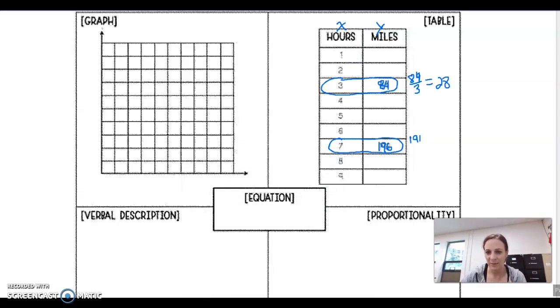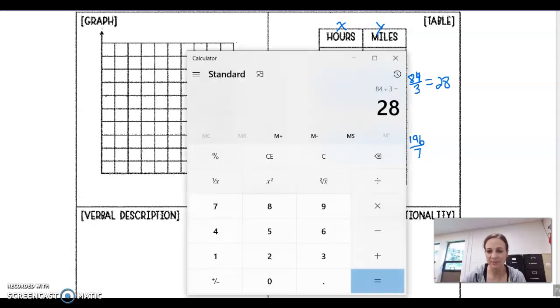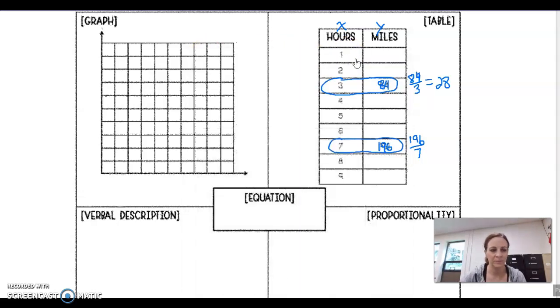We can do the same thing here, to make sure. 196, y divided by x, divided by 7. 28. So that means our k is 28.